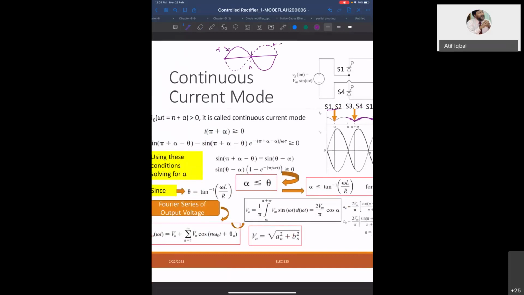After pi, this becomes minus and this becomes plus. So the dotted one becomes plus and the bold becomes minus. When S1, S2 is operating, it will follow the positive. When S3, S4 is operating, it will follow this.